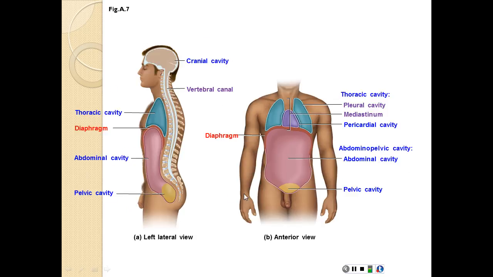We have various cavities. We have a cranial cavity, which contains the brain. We have a thoracic cavity. What's that going to contain? The heart and the lungs. We have a diaphragm that's going to separate the abdominal region from the thoracic cavity.